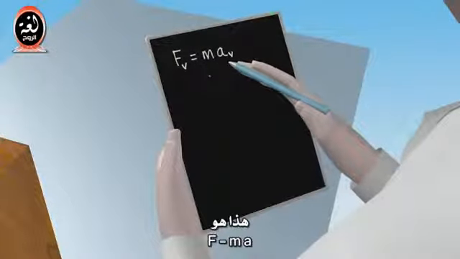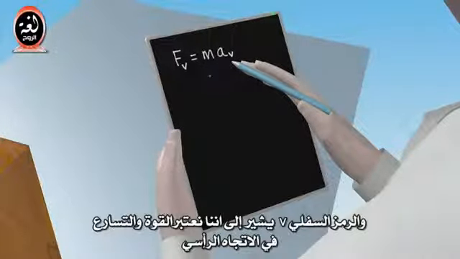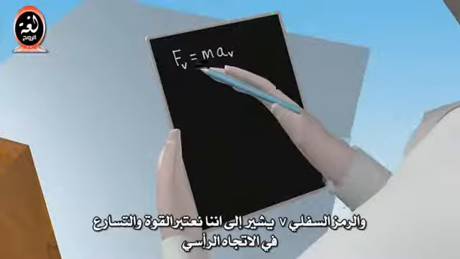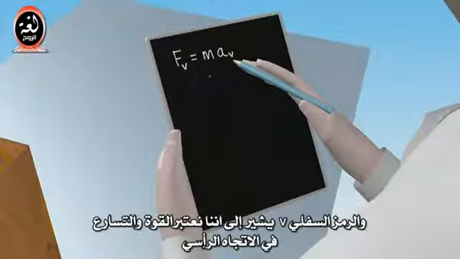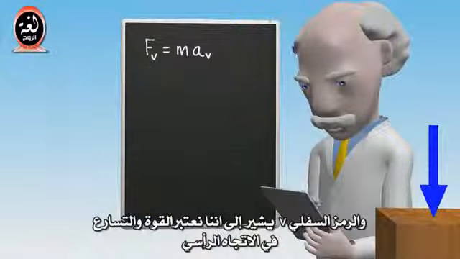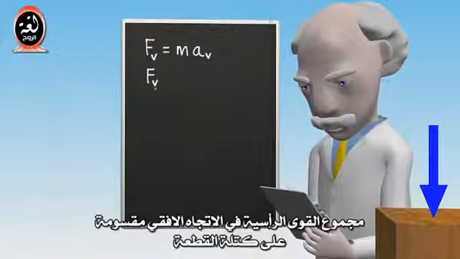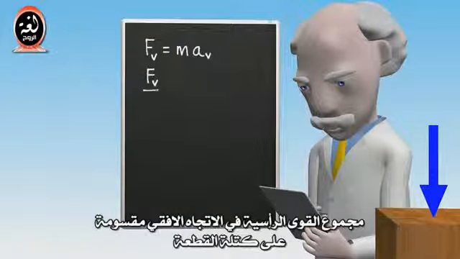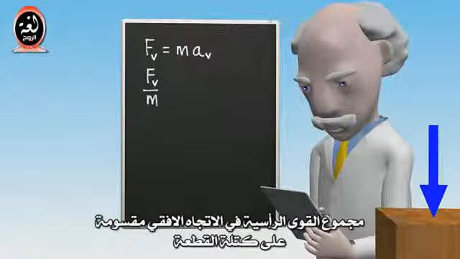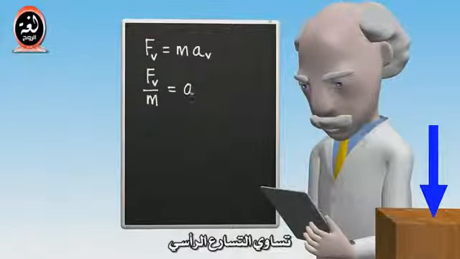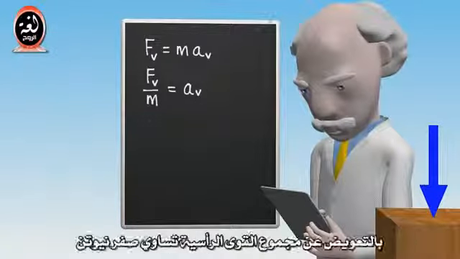That is F equals ma, with the subscript v used to indicate that we are considering the forces and acceleration in the vertical direction. We then rearrange the equation to give the sum of the forces in the vertical direction divided by the mass of the block equals the vertical acceleration.